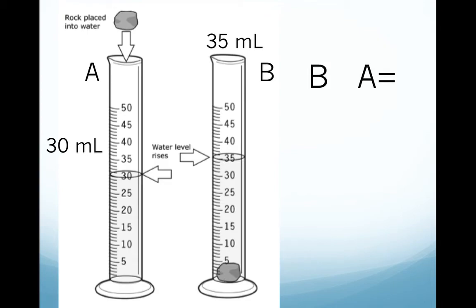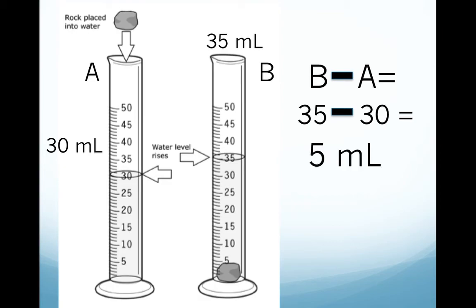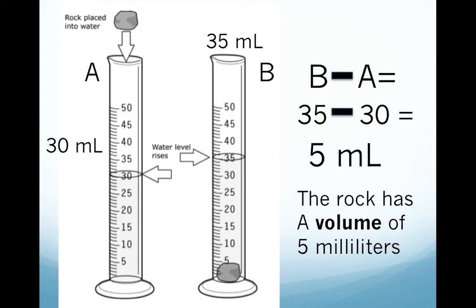What we do to get the volume of the rock is take B minus A. 35 milliliters is B, and 30 is A. 35 minus 30 is 5 milliliters. So, the rock has a volume of 5 milliliters.